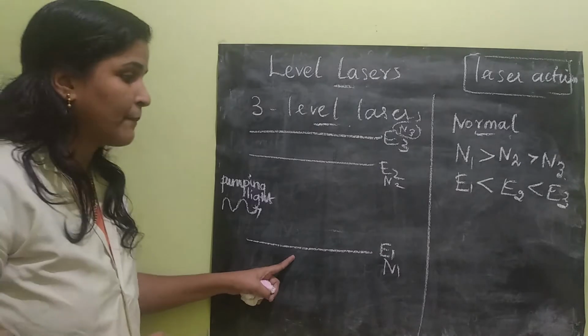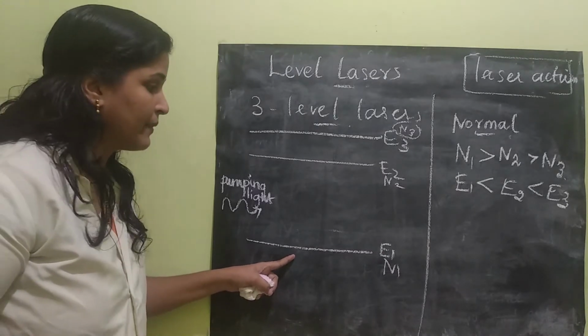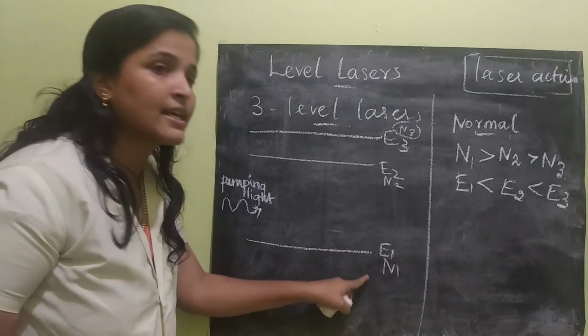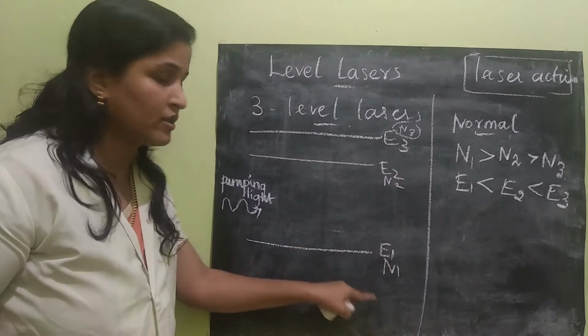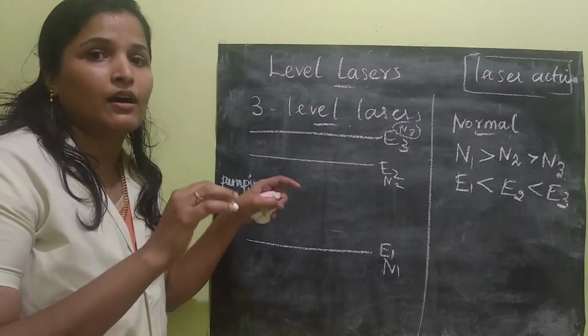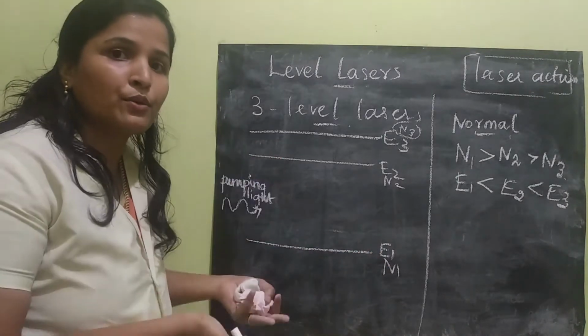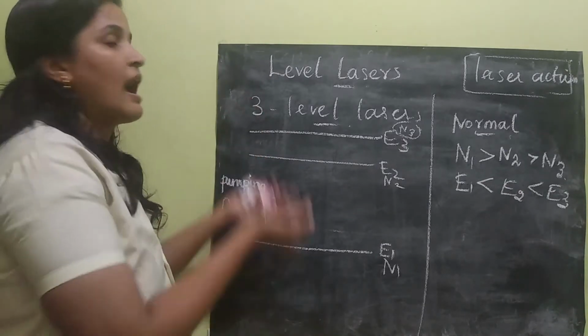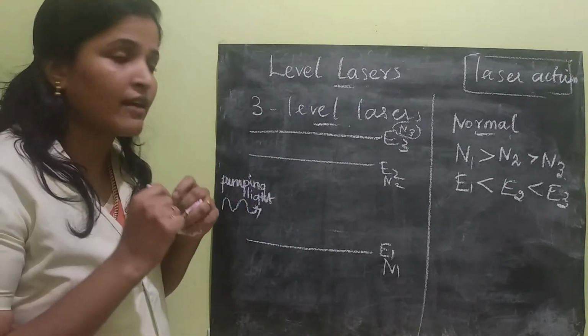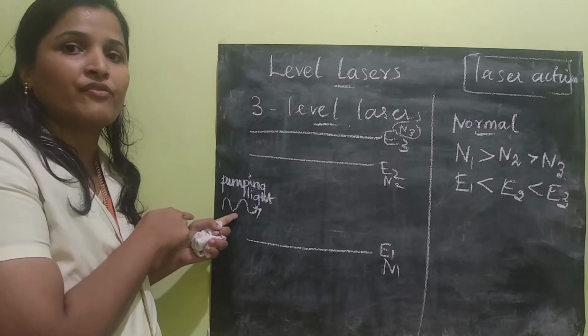Okay, what will happen? The electrons in the energy level E1 will start to go to a higher level. At which level? Based upon the energy of the pumping light.